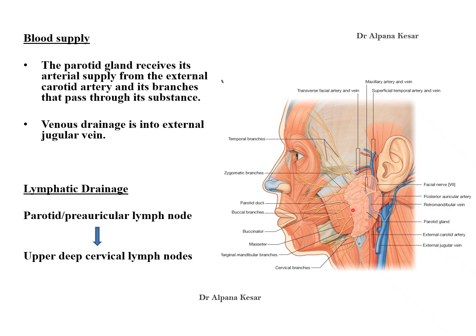Blood supply of parotid gland is by the external carotid artery and its branches that traverses through the parotid gland. Venous drainage is into external jugular vein. Lymphatic drainage is into parotid group of lymph nodes which overlie the parotid gland, which then drain into the upper deep cervical group of lymph nodes.